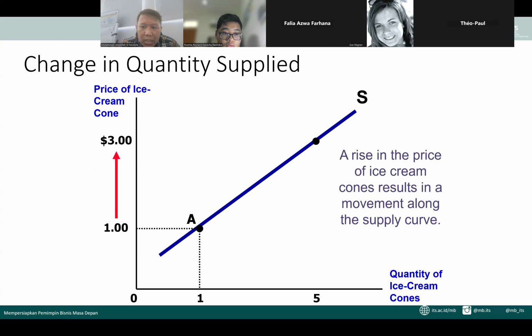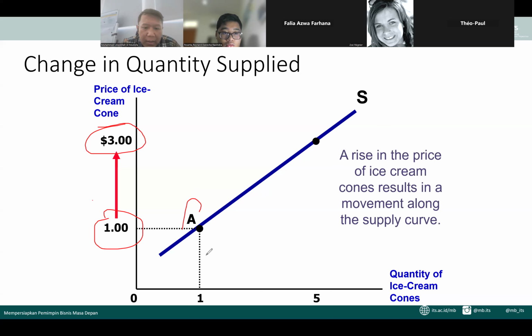Okay, so this is an illustration. See that we have a rise in the price of ice cream cones resulting in a movement along the supply curve. Suddenly, for example, before we have a market price of $1, and now we have an increase in the market price to $3.